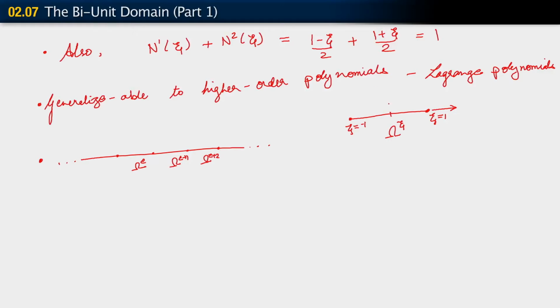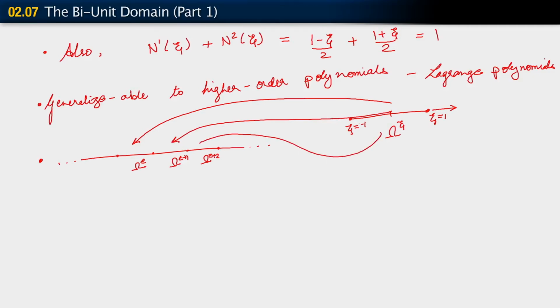Note that an arbitrary element omega e or omega e plus 1, or whichever one we want, is always constructed as a mapping from the same element in the bi-unit domain, the same parent element, as it is sometimes called.